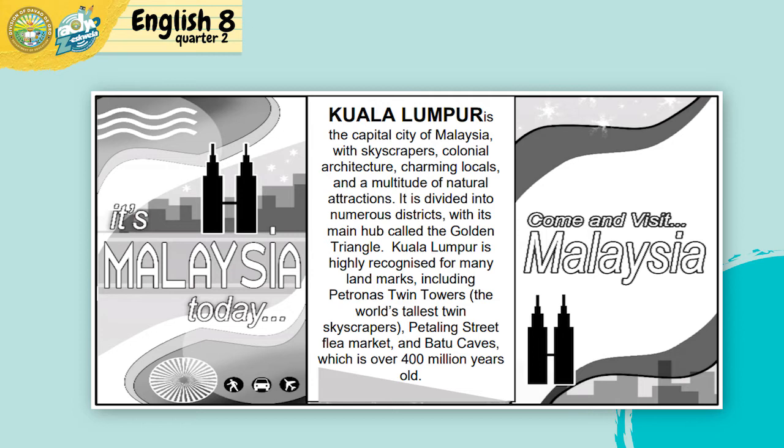Kuala Lumpur is highly recognized for many landmarks, including Petronas Twin Towers, the world's tallest twin skyscrapers, Petaling Street, Flea Market, and Batu Caves, which is over 400 million years old.